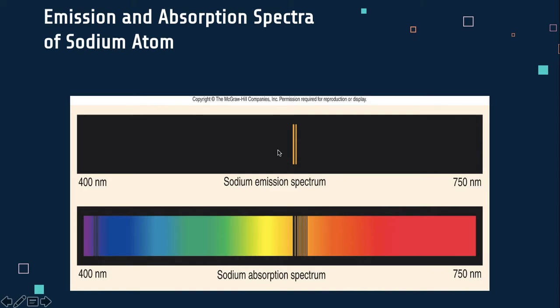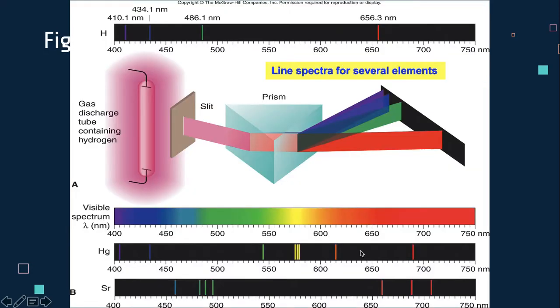What you can see in the emission spectrum cannot be seen in the absorption spectrum, and vice versa. So you can see different wavelengths produce different colors of the spectrum.